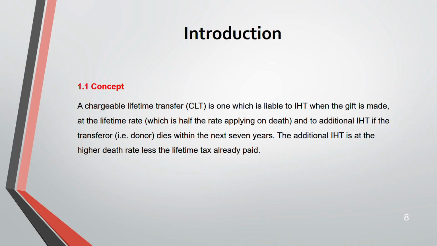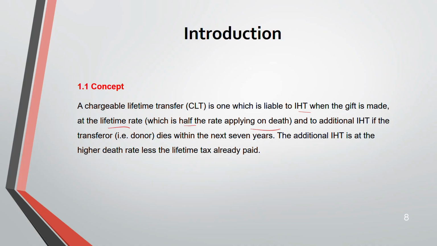What is CLT? This is one which is liable to IHT when the gift is made, at the lifetime rate. So you have to pay IHT for the gift at the lifetime rate, and this rate is half the rate that applies on death. That means during death, the tax rate is double.